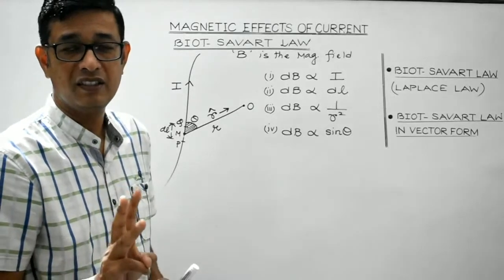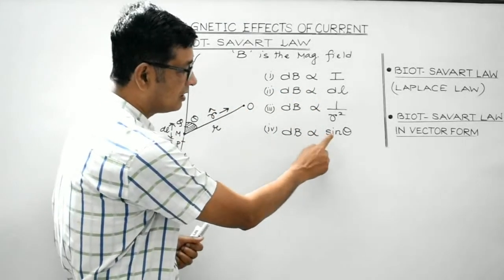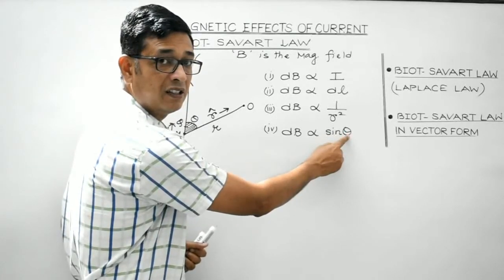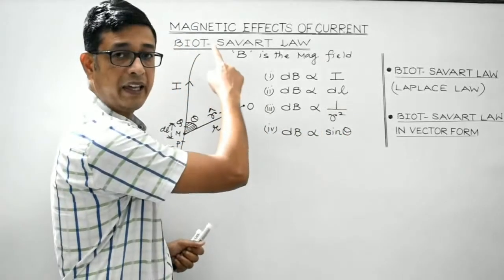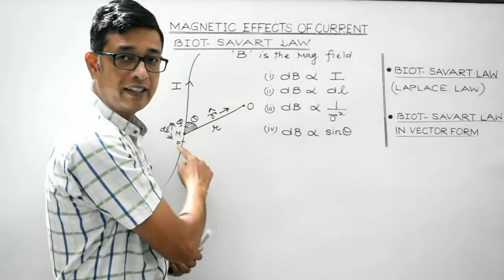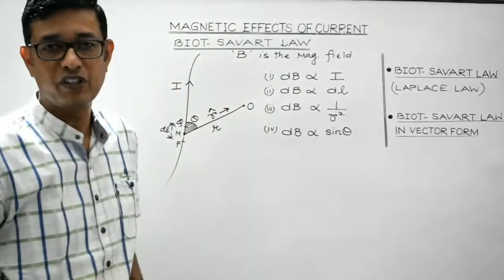And fourth one is, it is directly proportional to the sine of the angle which the directional flow of current makes with the line joining the center of the elementary portion to the observation point.